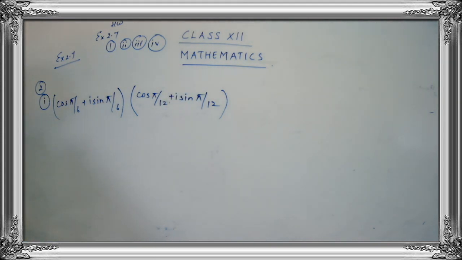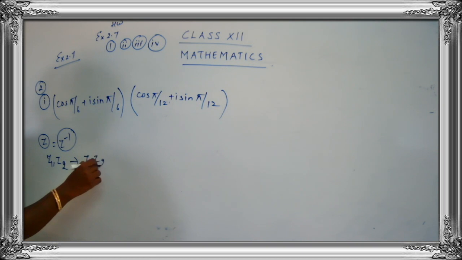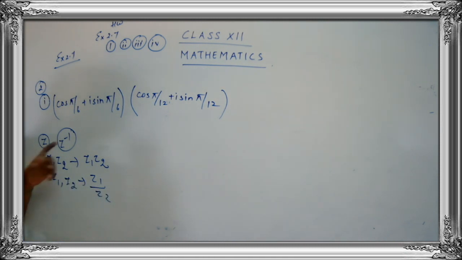So now here we are going to use the properties of polar form. We have seen three properties, children. We have seen the property for Z inverse, that is, if you know the value for Z, we can find the value for Z inverse. And also if two polar forms Z1 and Z2 are given, we can find Z1 into Z2. And if Z1 and Z2 are given, we can find Z1 upon Z2. So we know these three properties.